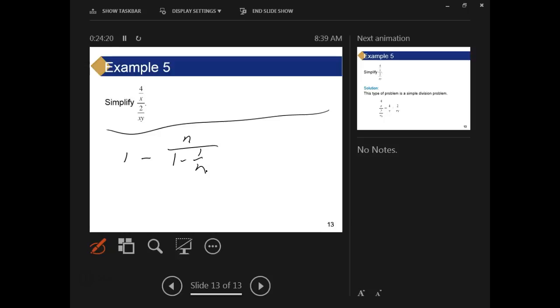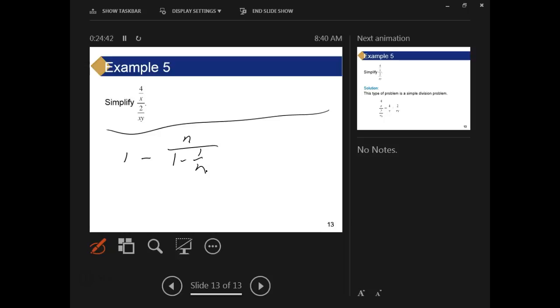Okay, let's separate out this part. Here is your complex fraction. Let's deal with this by finding common denominator, and then when we've worked with this, go back and do 1 minus whatever that is.